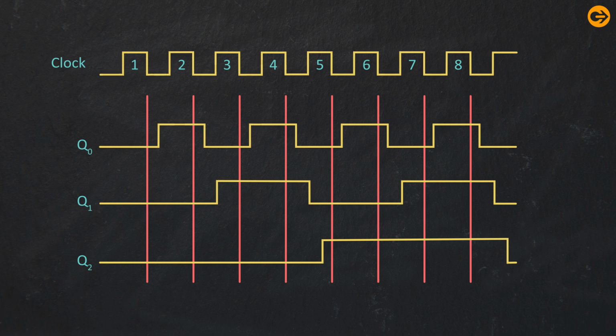Looking carefully at the values of Q2, Q1, Q0 as the count, the timing diagram indicates that the sequence is 0, 1, 2, 3, 4, 5, 6, 7 and again 0, 1, 2 fashion. As it counts in the upward direction, it is known as an up counter.